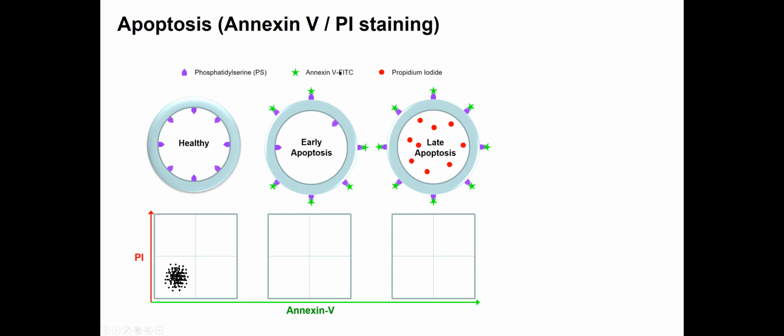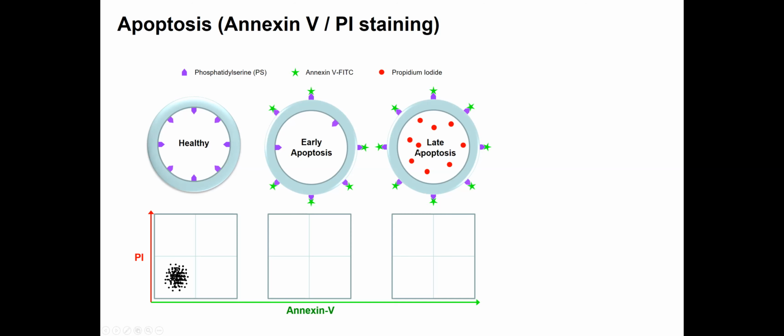It's not an antibody, but a phosphatidylserine binding protein, and you can label it with a green color. And propidium iodide was a DNA dye, as we just saw. But this propidium iodide cannot penetrate the cell membrane. It can go inside the cell and stain DNA only when the membrane is damaged.